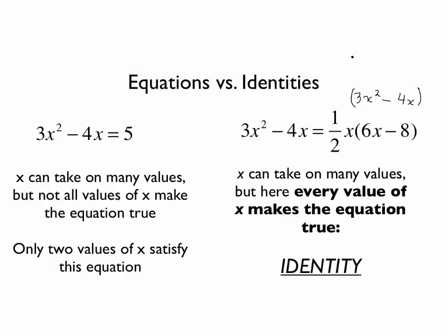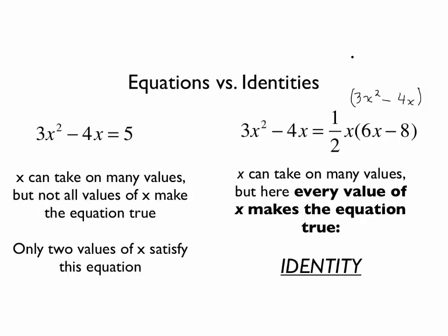Okay, so this is what we mean by an identity. An identity is where no matter what value you choose for your variable, it always makes the equation true. That's what we mean by an identity. And so these come up in trig. They're very prevalent in trig. Okay, makes sense the difference between an equation and an identity? An equation, only certain values of x will make it true.